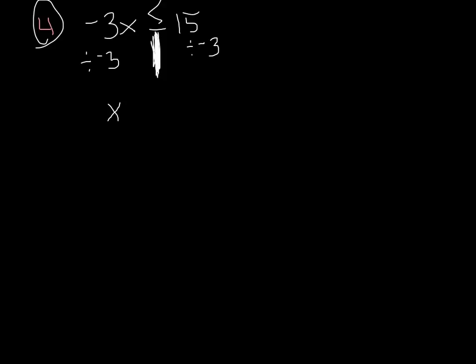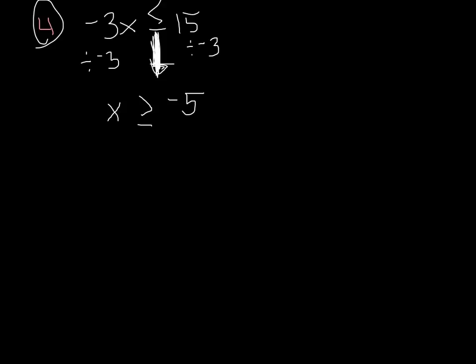So when I bring down my sign, I need to switch it. Instead of negative 3x being less than or equal to, now x is greater than or equal to 15 divided by a negative 3. They are opposite signs. One is a positive, one is a negative, so my answer is going to be a negative. 3 goes into 15, 5 times.